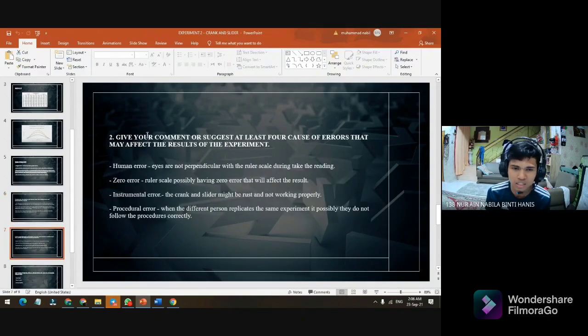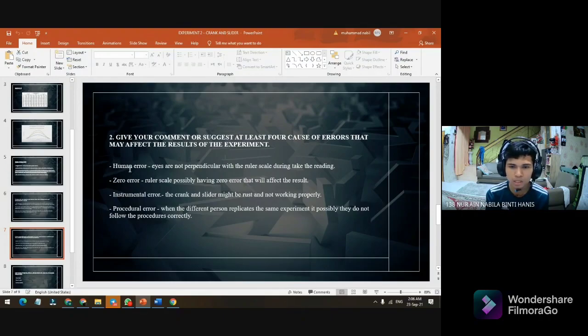And the next is to give your comment or suggest at least 4 causes of error that may affect the result of the experiment. Okay, the first error that usually happens in the experiment is human error, which is the eyes not being perpendicular to the ruler scale during the reading. The next is zero error.